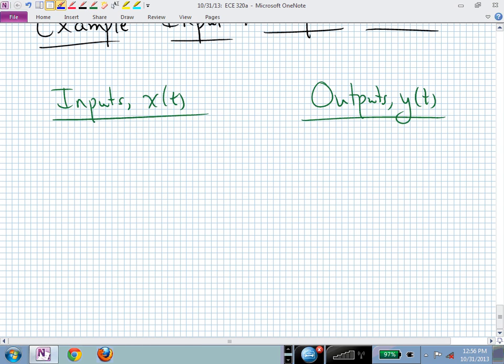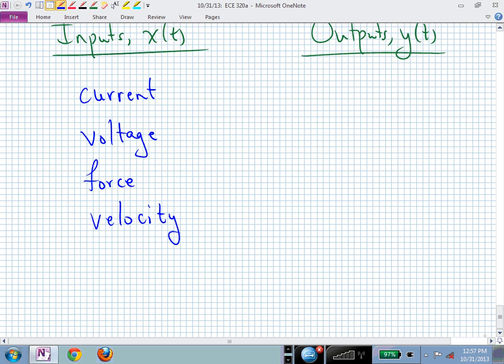In this class, maybe you would think of current as an input, or maybe you have a voltage as an input. Maybe you have a mechanical system and the input is actually a force. Or maybe in that mechanical system your input is a velocity.